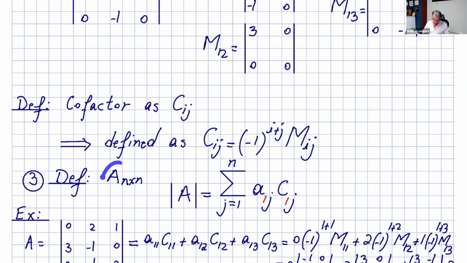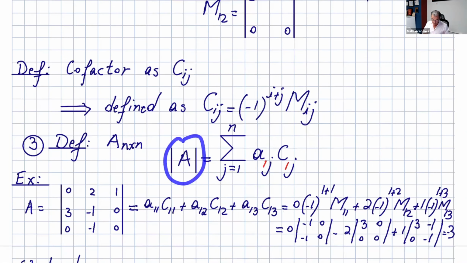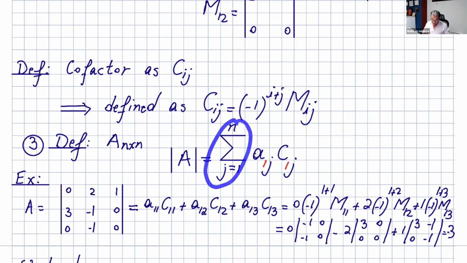Now, if you have an n by n matrix, the formula for the determinant is given by the sum as j goes from 1 to n, that's the size of the matrix, of A1j times C1j.